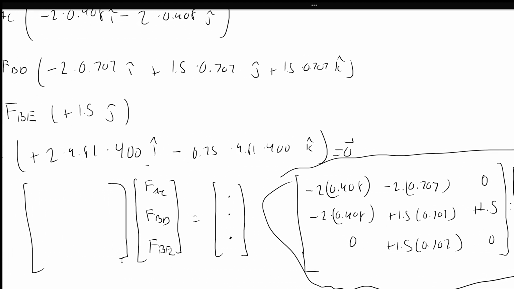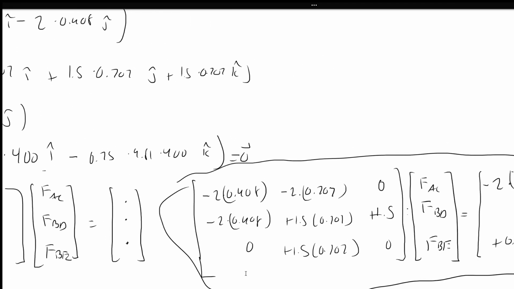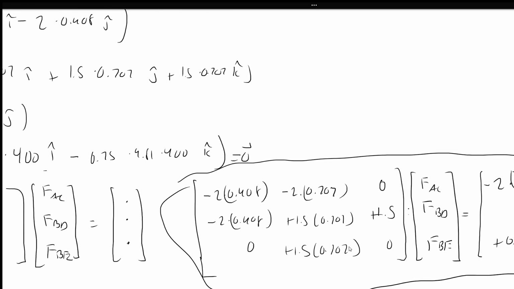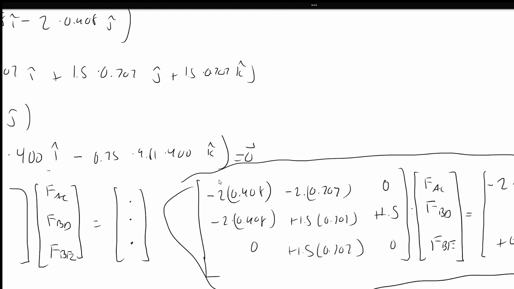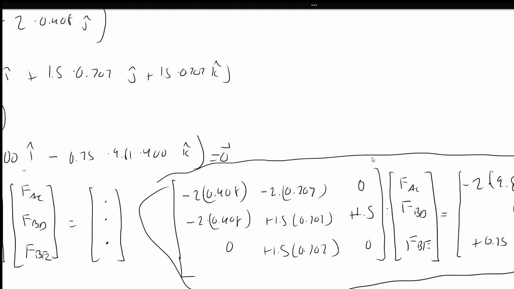Minus 2 times F_BD, minus 2, 1.5, I'll figure that out in a second, 0. Oh, he had this on, I see. I've moved them to the other side of the equation, he's kept them on the left side here. Great, so this is the 1.5 times the 0.707, and it looks like they all match.